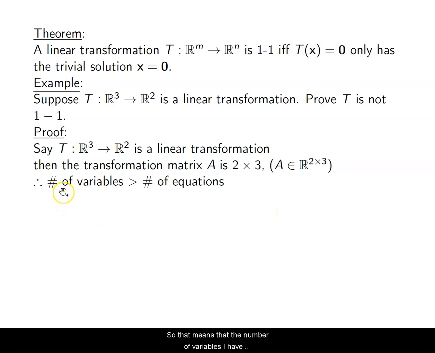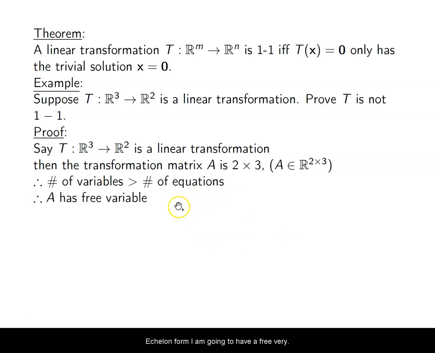So that means that the number of variables I have, which is 3, is more than the number of equations that I have, which is 2. Right? So if I have more columns than I do rows, more variables than equations, then when I reduce it to reduced row echelon form, I am going to have a free variable. So what happens when I have a free variable?